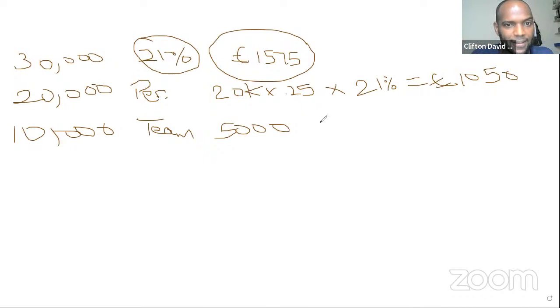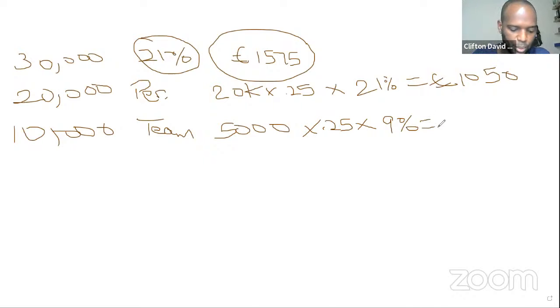So let's say it was just one person in his team, in either team. One person in each team that he has, his two teams. 5,000 points will get you to 9%. So let's multiply this 5,000 points by 0.25 and multiply this now by the percentage that this team would have achieved, which is 9%.